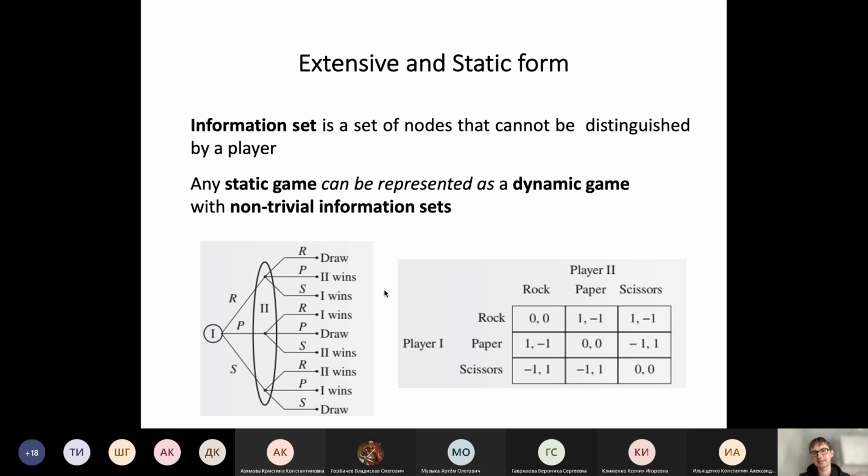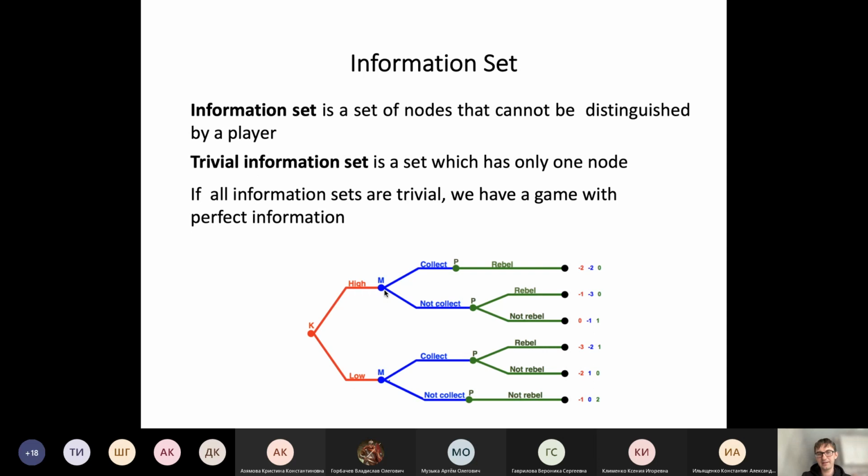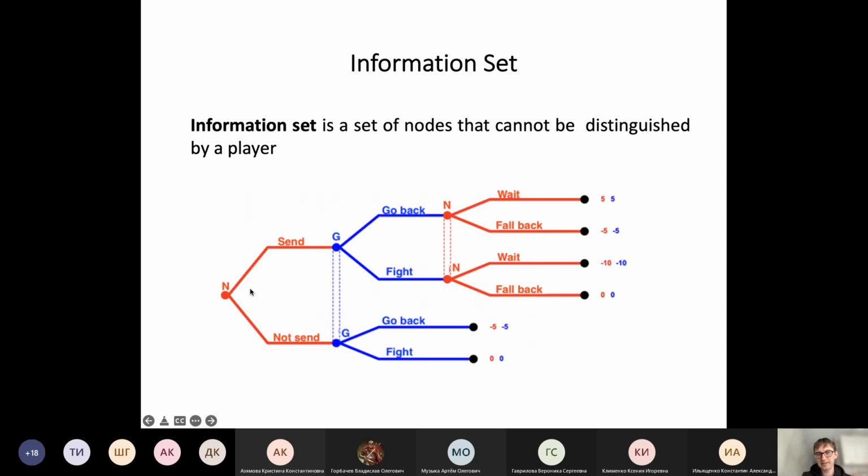How we can analyze games with information sets. Well, when we were talking about this game of Napoleon and Grouchy, we had this idea that it's basically a static game, even though there is some consequence of events, because they are not aware of what their partner in the game did.